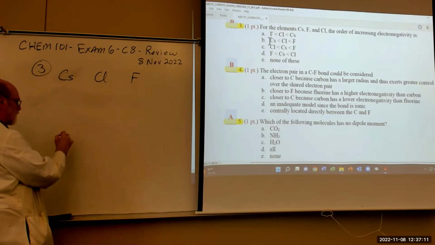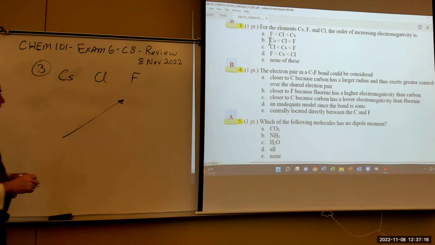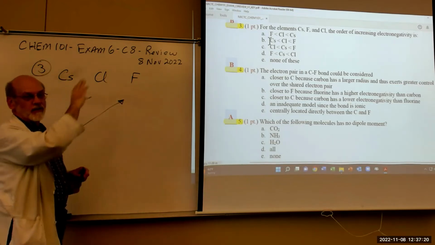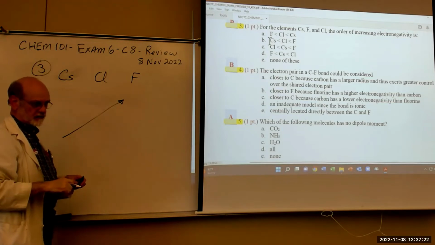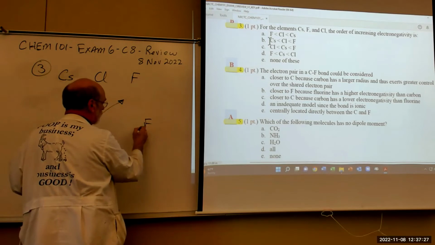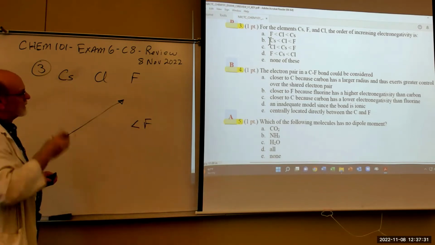Increasing electronegativity is what? Lower left, upper right. So we know that this has to be the greatest electronegativity. Upper right-hand corner. In fact, on the Pauling scale, it's 4.0. There's nothing higher. So fluorine is the greatest. What's next?